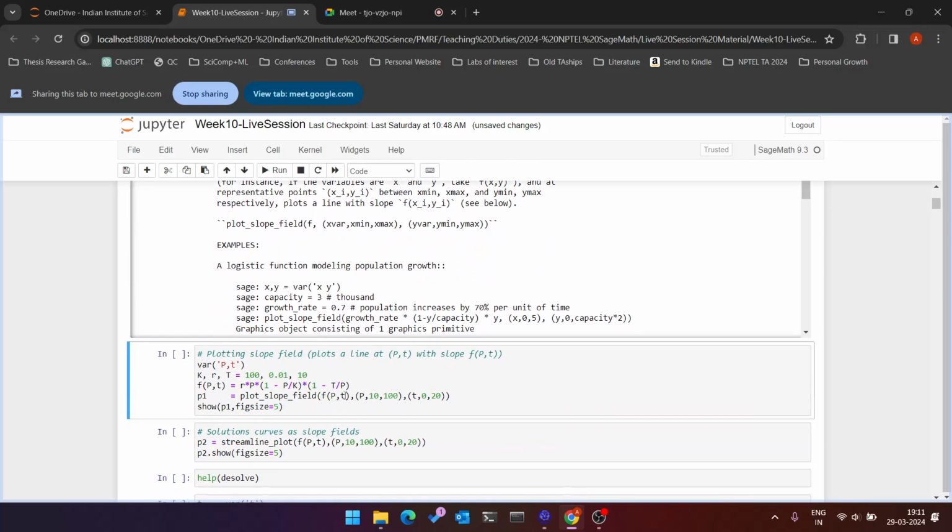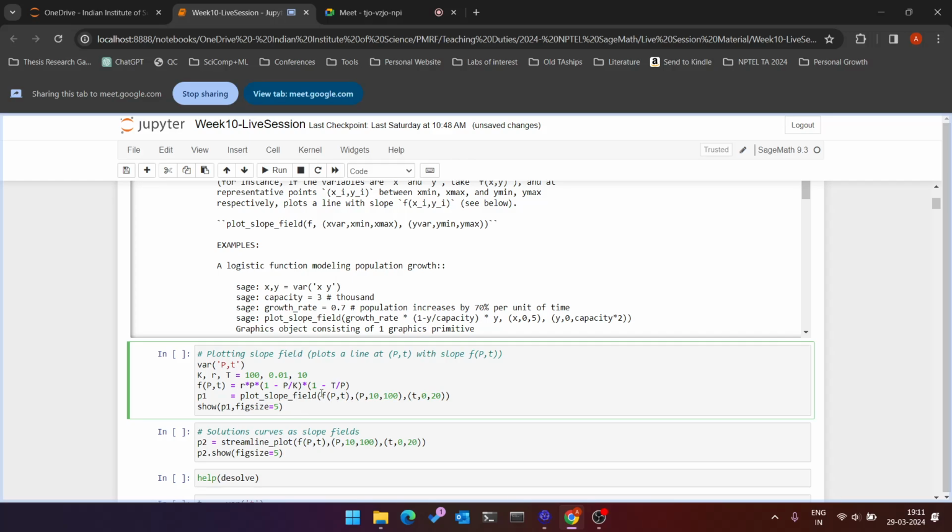With that basic explanation out of the way, we'll be plotting the slope field for p of t. Firstly, as is good practice, we'll specify the variables p and t. Constants are also specified, following which we define the function f of p comma t. This is nothing but the derivative of p with respect to t, and we use this to plot the slope field.